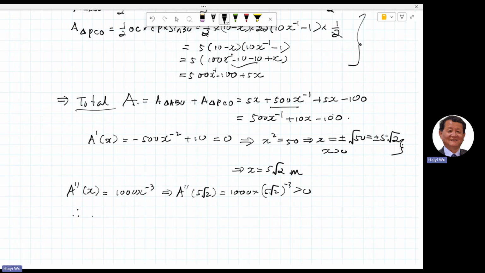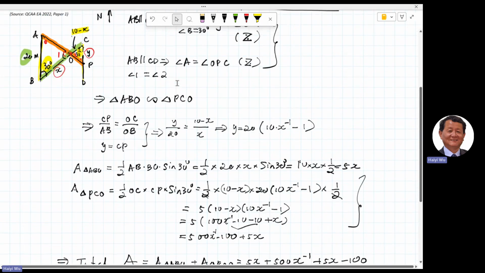So therefore, the total area is minimized when x equals 5 root 2 meters. So that's it. This is an optimization question, like a maximum minimum question, using the double derivative.